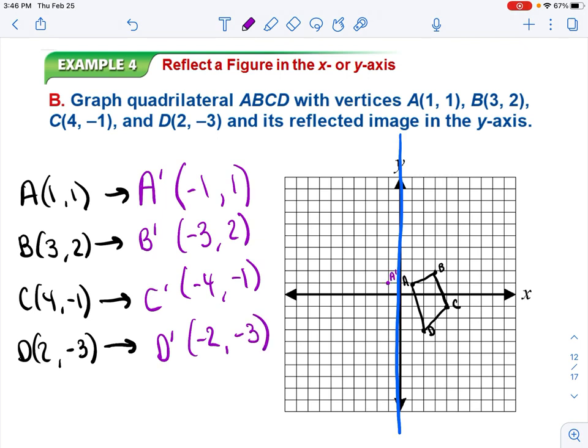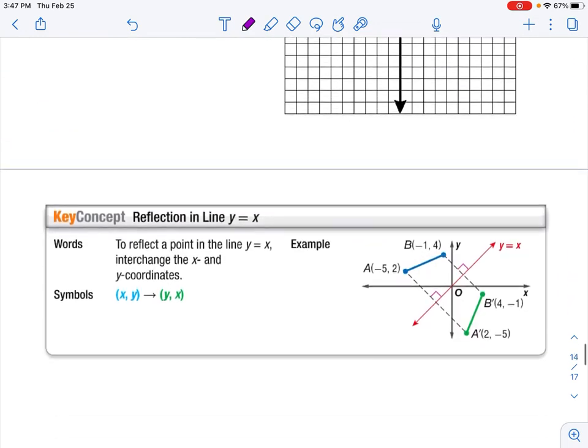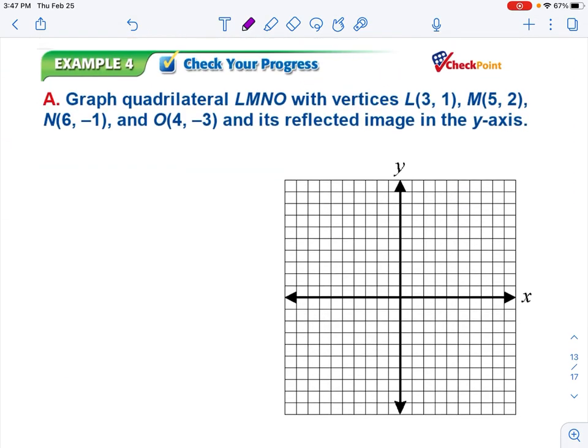A prime, B prime, C prime, and D prime. And that is my reflection, okay? I believe there's one more like this. I'm just gonna let you follow along.